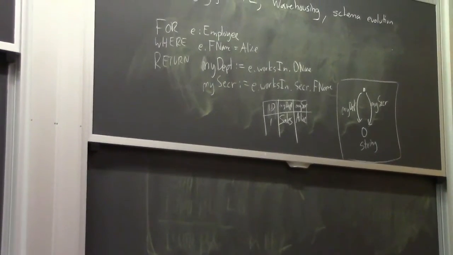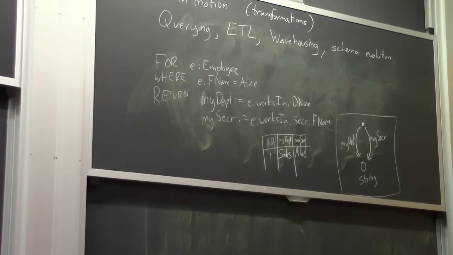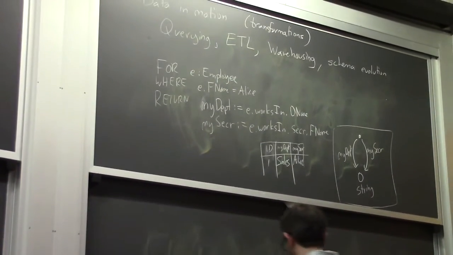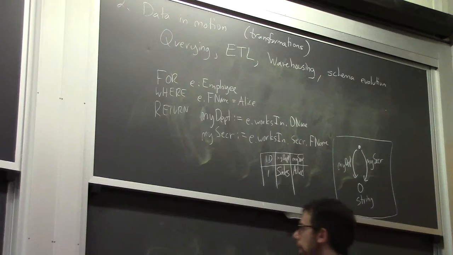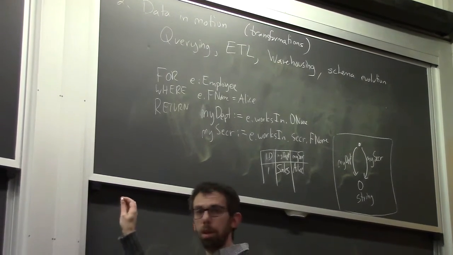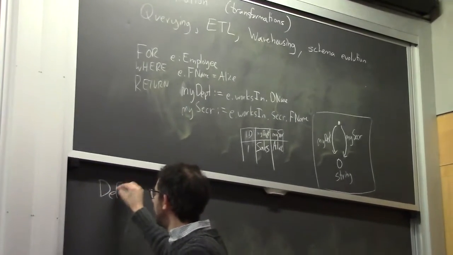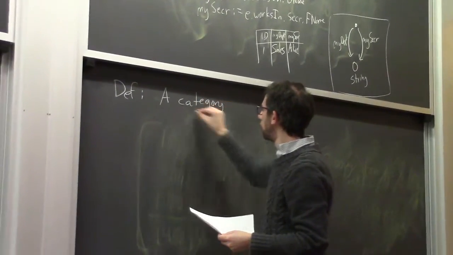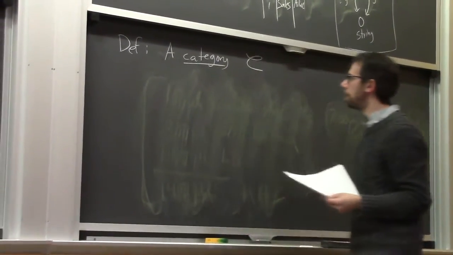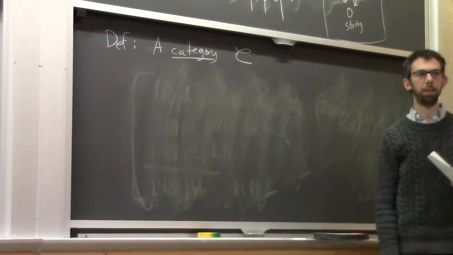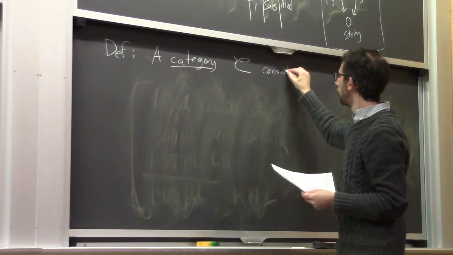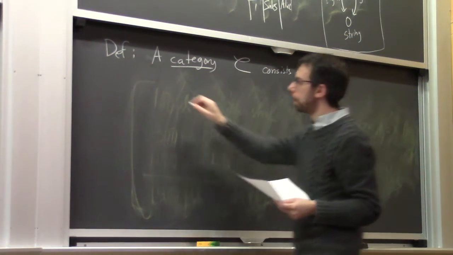So now let me tell you what categories are, because hopefully it'll clarify some things, and it is kind of the name of the course. So, okay, definition. A category, we'll call it C. That's not an E, that's a C, that's a calligraphic C. It consists of some things.